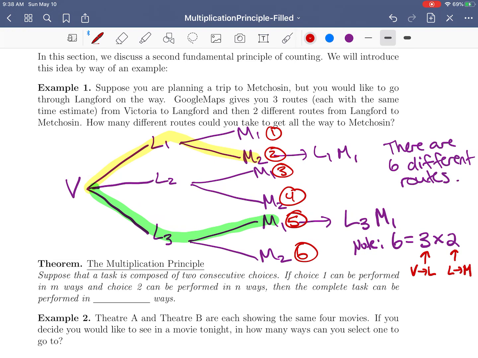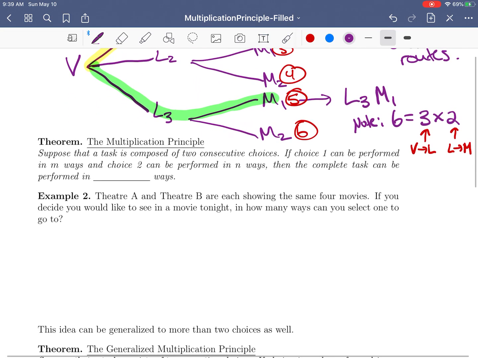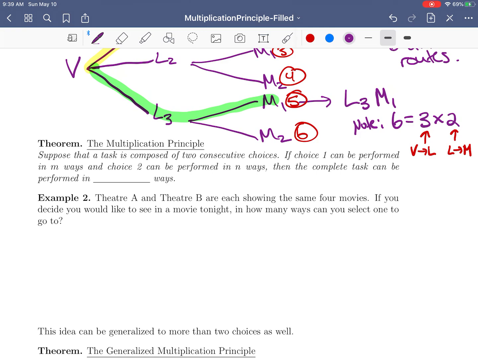So in order to get from Victoria to Machosen, we needed to first pick a route to Langford, and then from there pick a route to Machosen. All we had to do was multiply those 2 numbers of options to get our total number of ways to do the complete task. This is the idea behind the multiplication principle. So let's state it more formally.